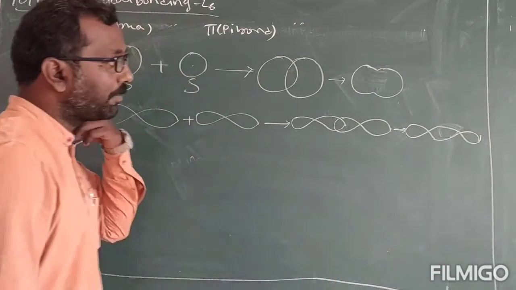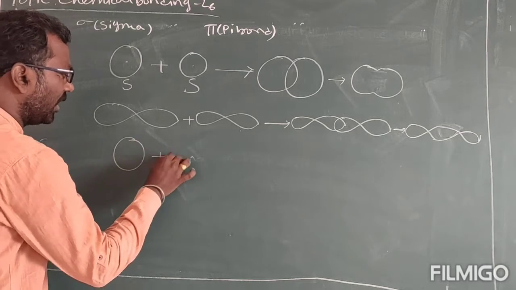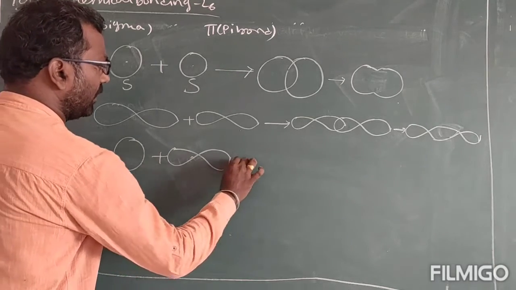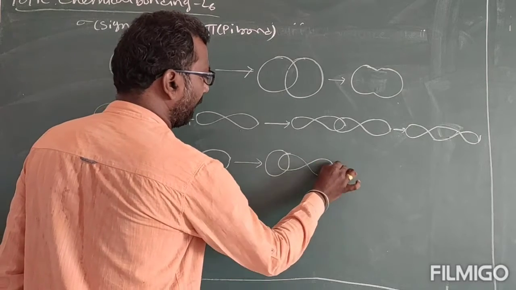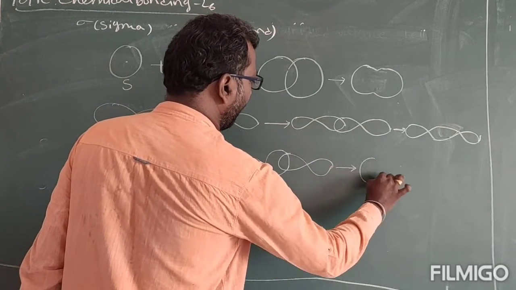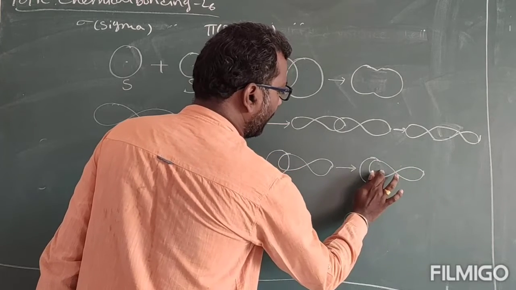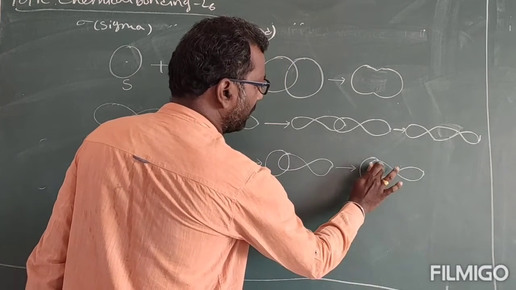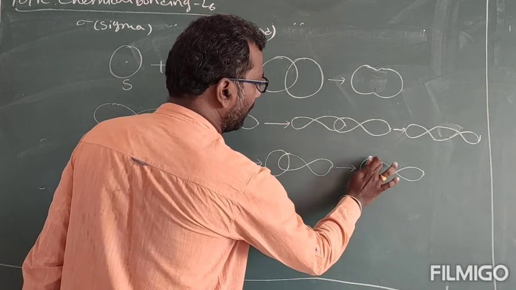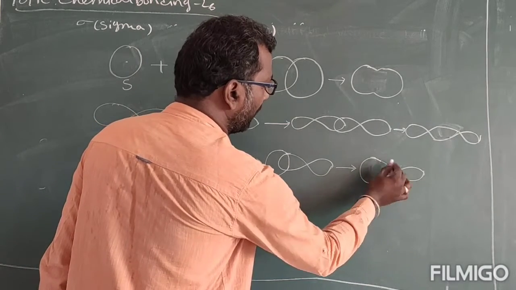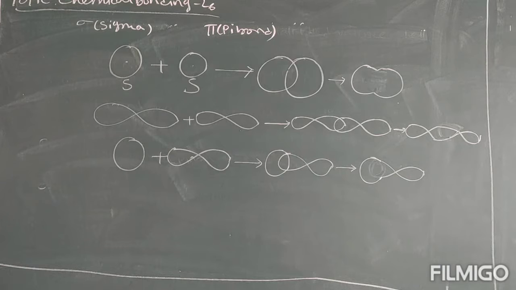So when one s orbital and one p orbital overlap, this is the s-p overlap.